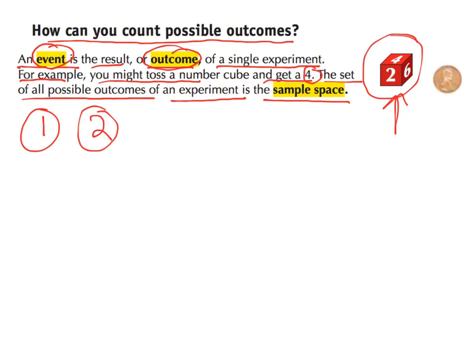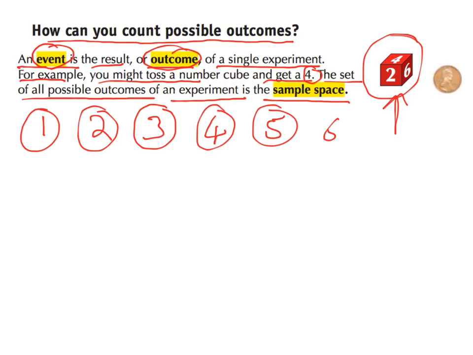Yes. Say you toss again and you land up with 3. Is 3 the outcome? And so on: 4, 5, 6. So all this is called the sample space for tossing a cube. The set of all possible outcomes of an experiment is called the sample space.